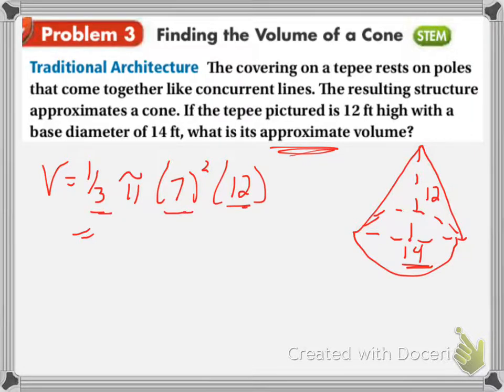So if I punch these in my calculator, I end up with 196 pi. And here it says approximate volume, so I'm going to hit 196 times pi. And that's going to give me about 616. I mean, the actual number is 615.752, so if I'm rounding, it's about 616 feet. And again, we're talking about volume, so it's feet cubed.